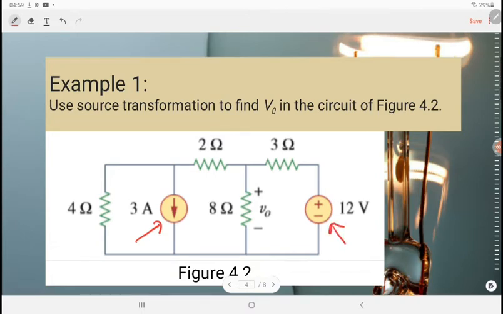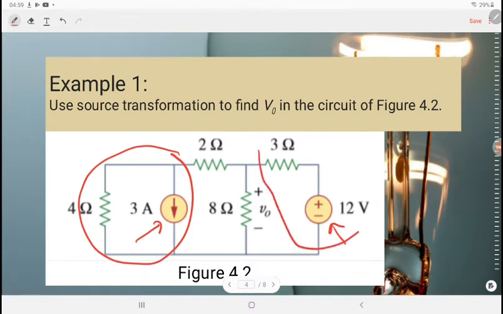By using source transformation, we need to check first that the current source must be in parallel with a resistor, and the voltage source must be in series with a resistor. Are these two conditions met? In this circuit, the 3 ampere source is connected in parallel with the 4 ohms, and the voltage source is connected in series with 3 ohms.